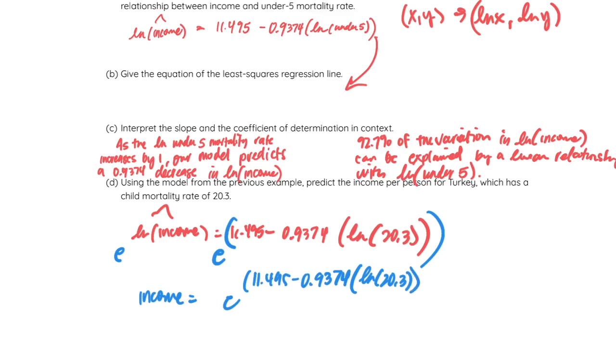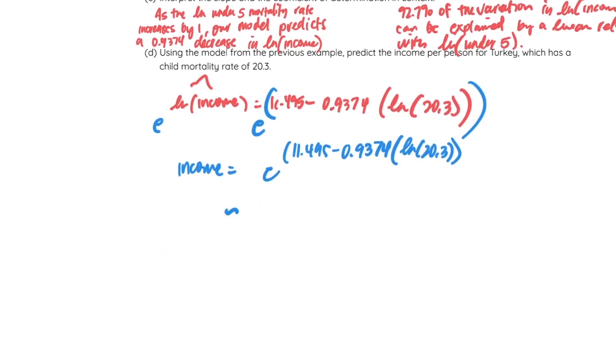So in your calculators, you're going to do e to the power of 11.495 minus 0.9374 times the natural log of 20.3. And you should get about 5,902.